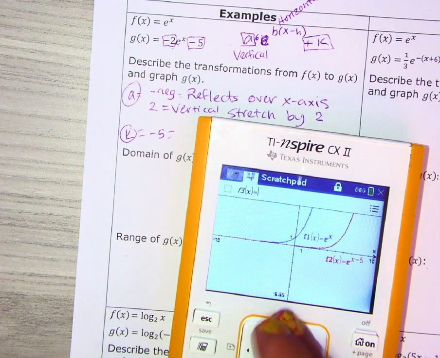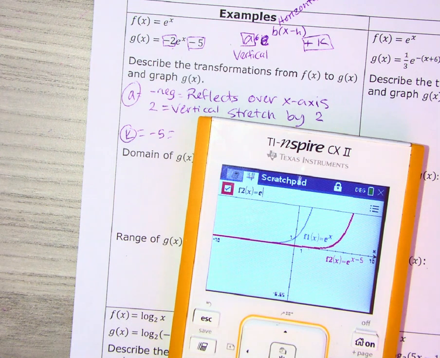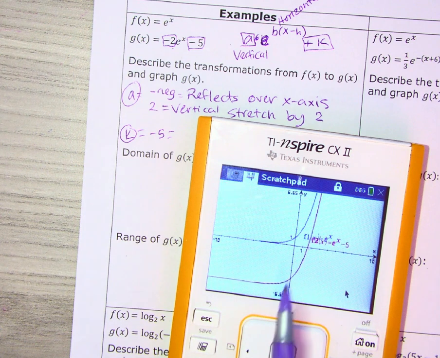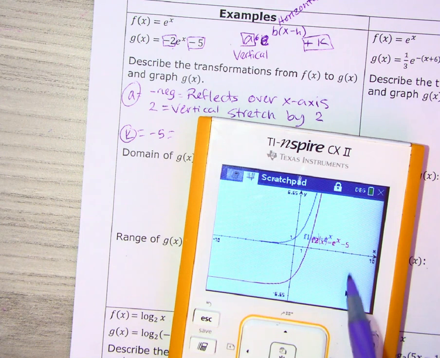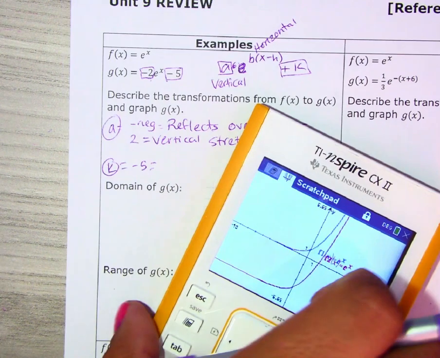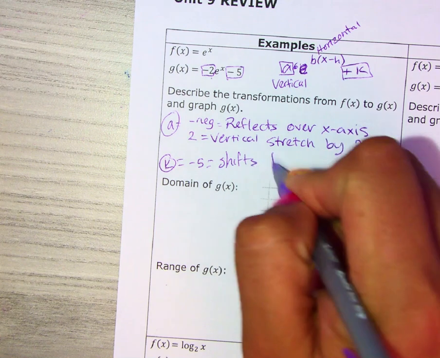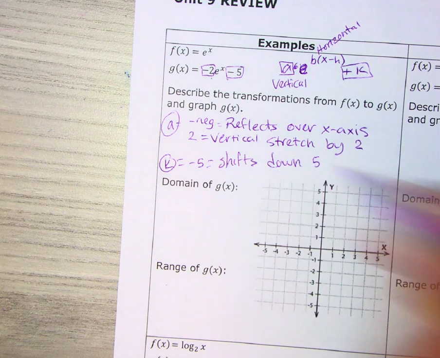And if I was to not put it in the exponent, it will look like this. I will put it on the bottom, and it will look like this. So two different things happen if you don't type it correctly. This is the correct version. The -5 is after the x, not in the exponent. Oops, sorry. So we're going to say it shifts down 5.